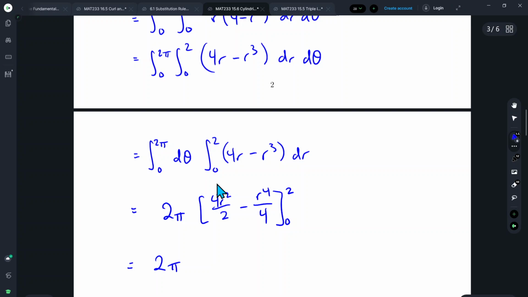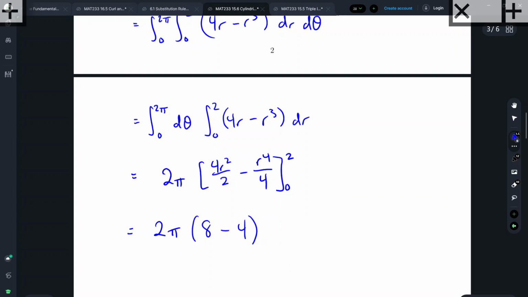Okay, so now let's calculate. When you plug in r equals 2, 4 times 4 is 16, 16 divided by 2 is 8. And then here, 2 to the 4th is 16, 16 divided by 4 is 4. And when you plug in 0, everything is 0. So then this is just 4 times 2 pi, which is equal to 8 pi.